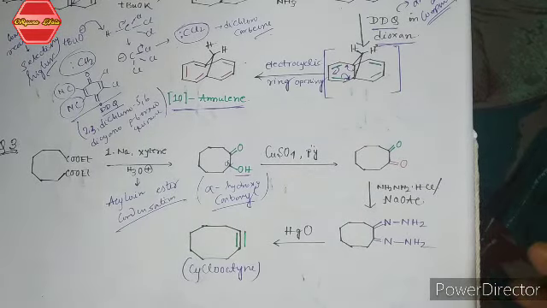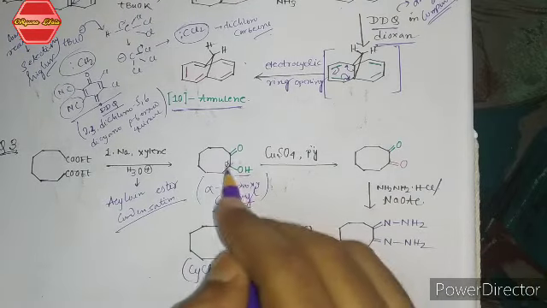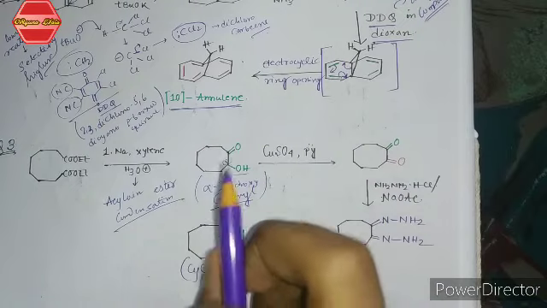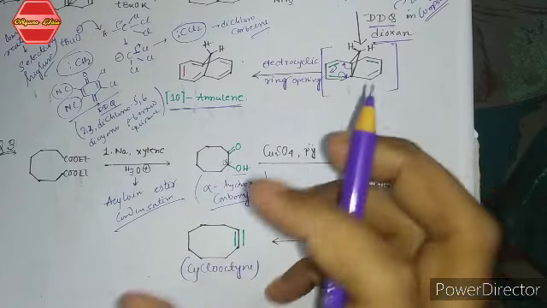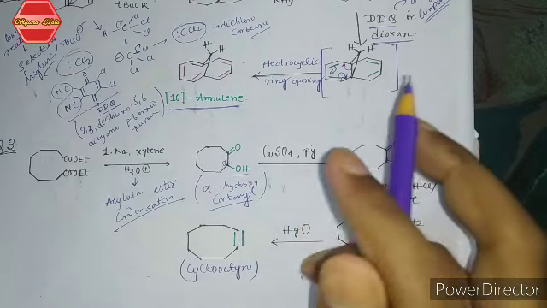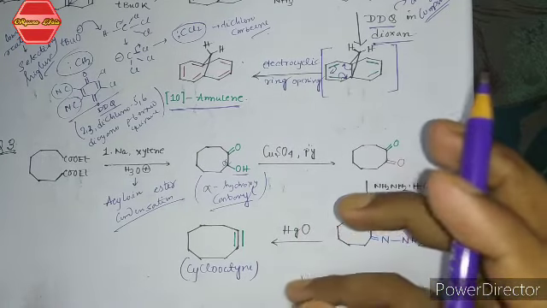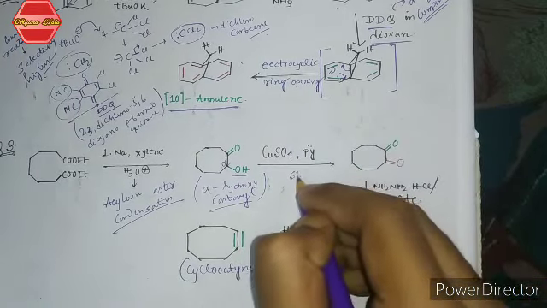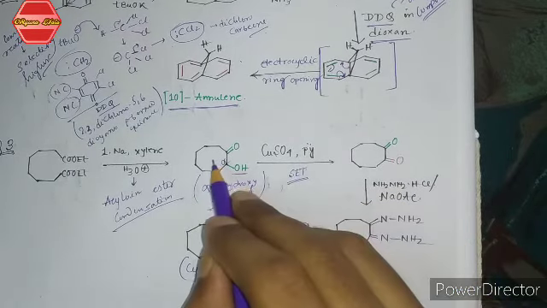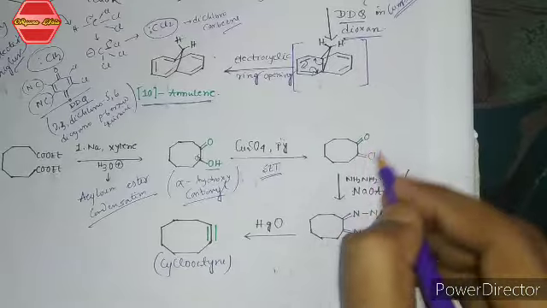Now this OH will oxidize in the presence of copper sulfate by accepting a single electron under basic condition. Maybe this reaction follows the SET process, that is the single electron transfer process, and in basic condition it will oxidize this OH group to a ketone.